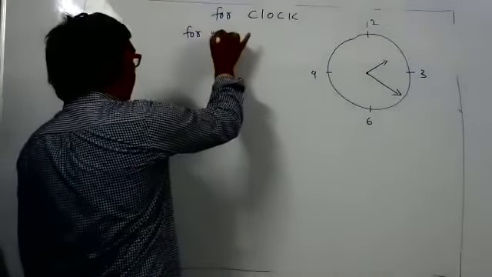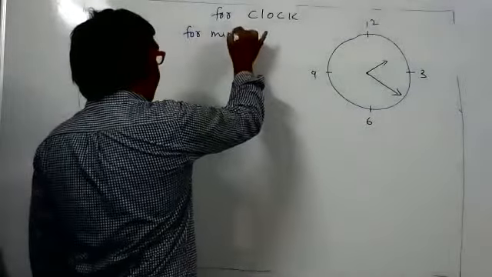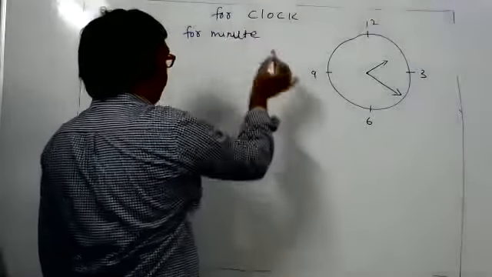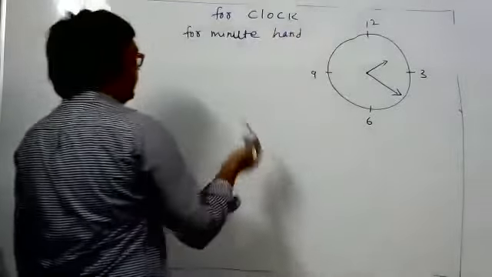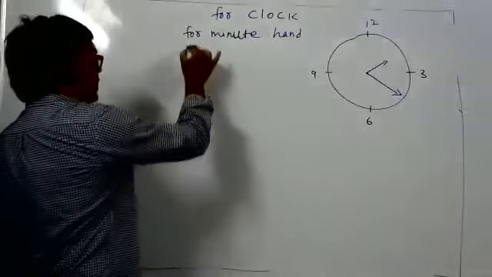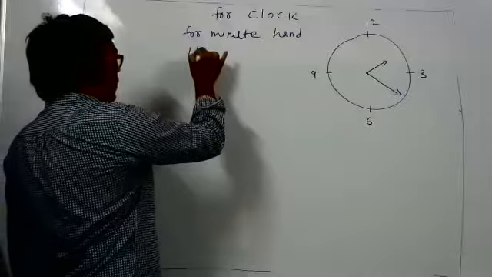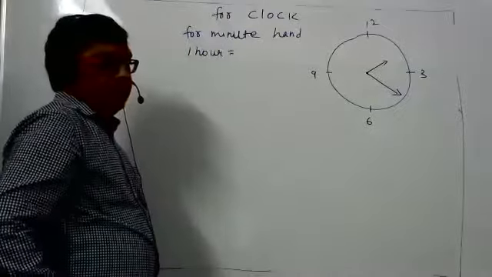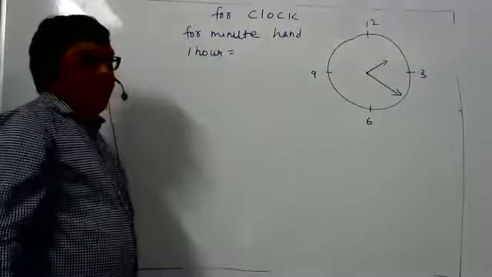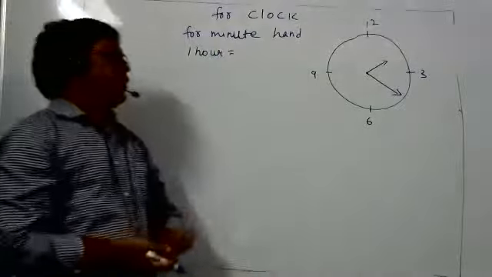Now this minute hand means clock only, students. The other day I was not teaching you clock, so you have to differentiate. For the minute hand, 1 hour is equal to how much degree?